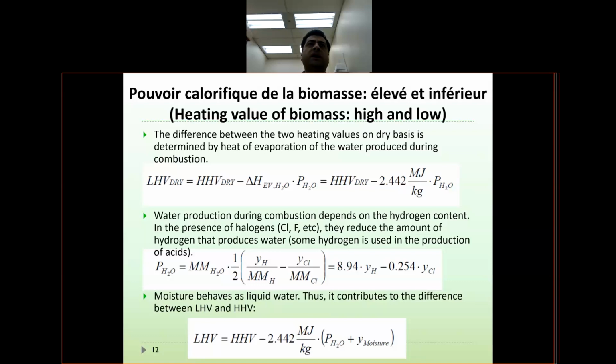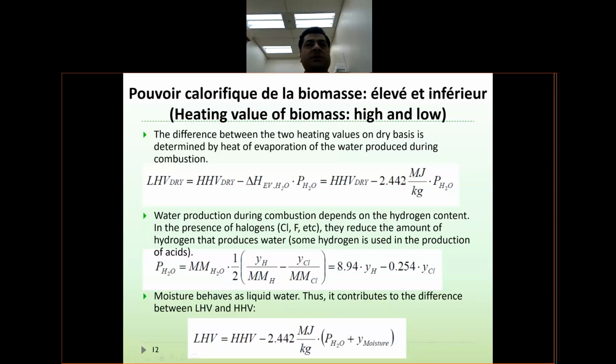So by taking into account the heat of evaporation of water produced during combustion, in this equation you deduce it from the HHV, high heating value, and you calculate the low heating value. In other words, low heating value is the energy value disregarding the evaporation energy of the water produced during combustion of the fuel. The equation is written here.